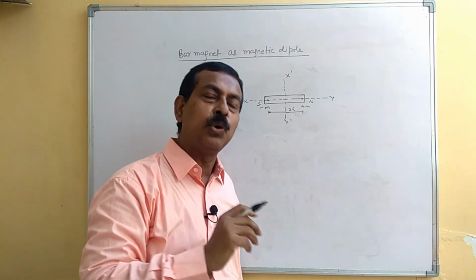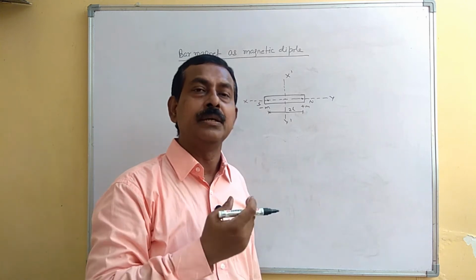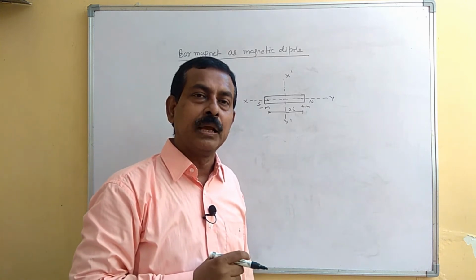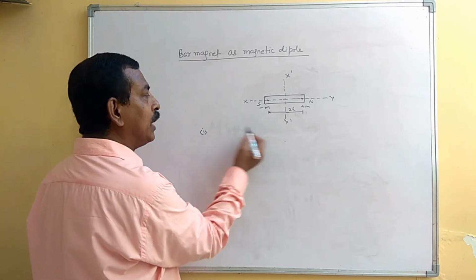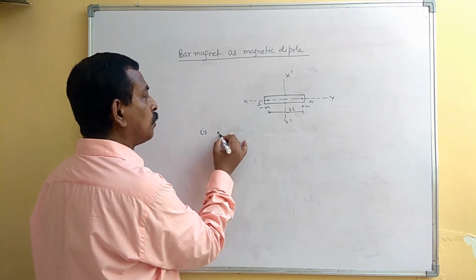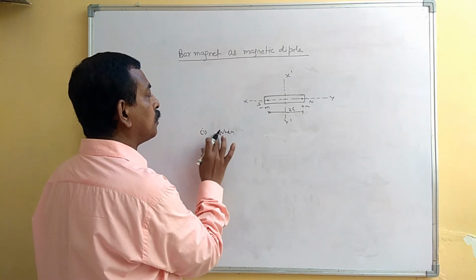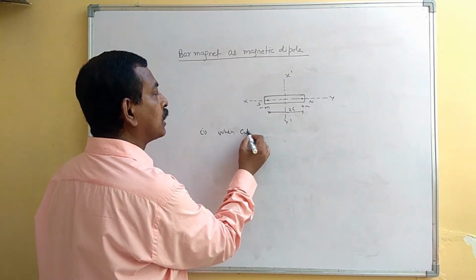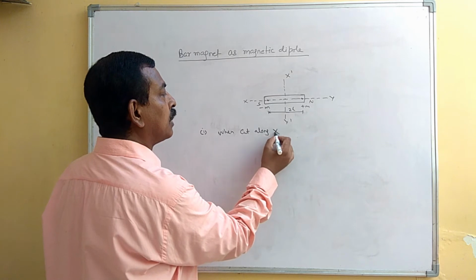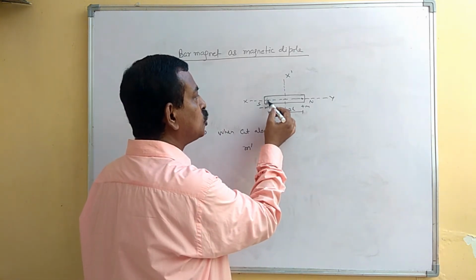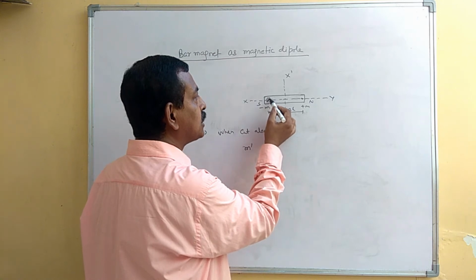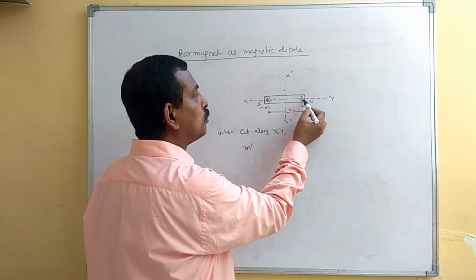What will happen to the pole strength and dipole moment in the two cases? First, when cut along xy, the new pole strength, because we can assume the magnetic charges are concentrated near the poles.